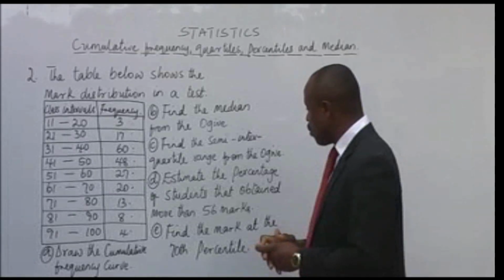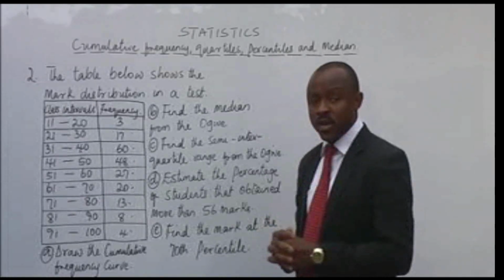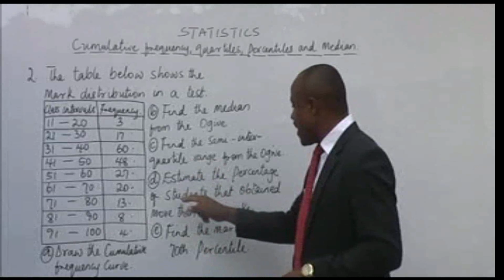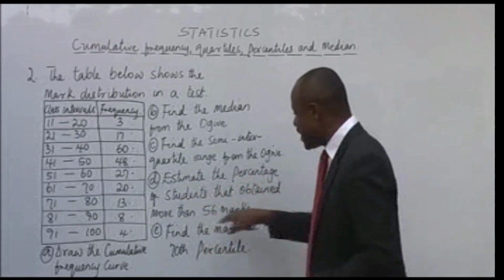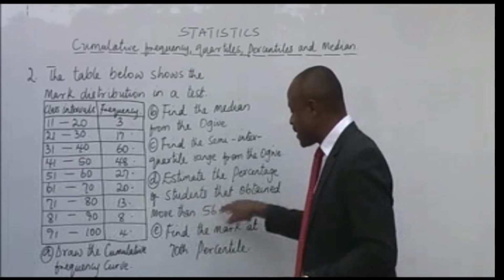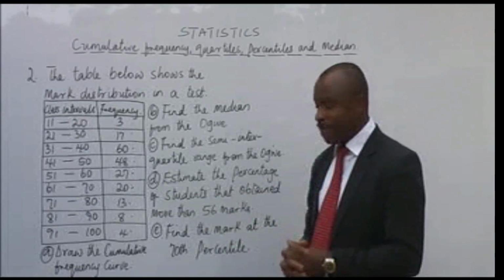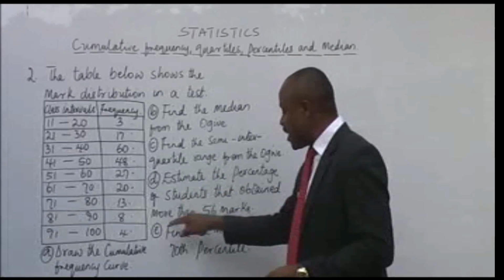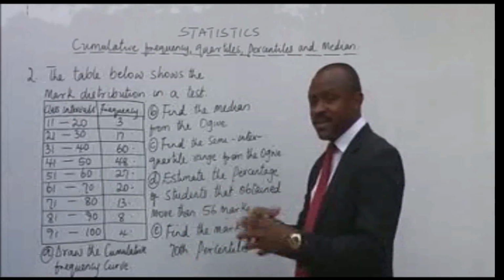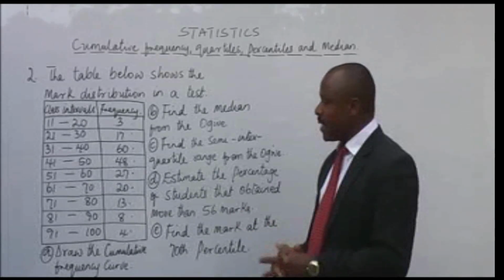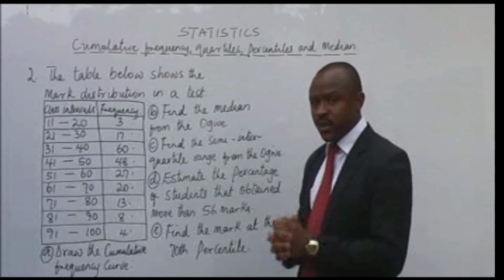Now, we want to find it from our ogive. Question D says we should estimate the percentage of students that obtained more than 56 marks. Now, the last question, E, said we should find the mark at the 70th percentile. These are the things we are going to do in this question.